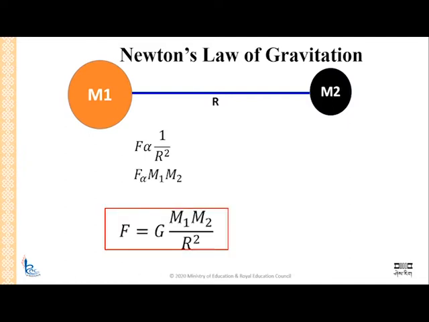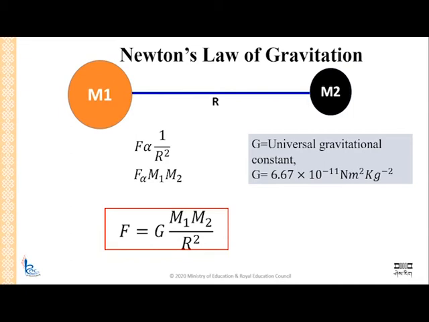The force of attraction is directly proportional to the product of the masses. So therefore, rearranging the equation and substituting the proportionality sign with a constant, we have F is equal to G m1 m2 over r square, where G is the gravitational constant which has a value of 6.67 times 10 to the power negative 11 Newton meter square per kg square.